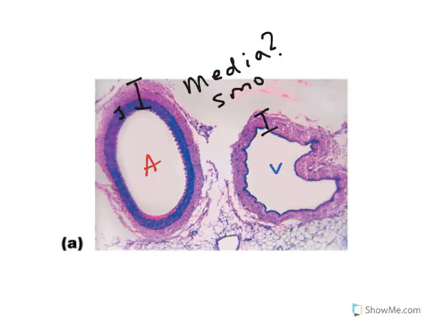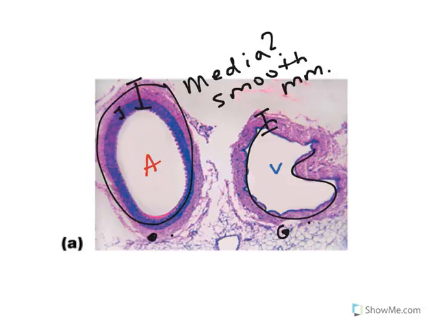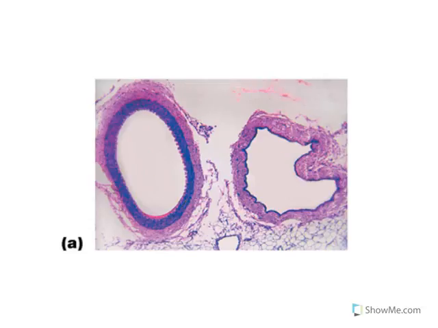Hopefully you're thinking smooth muscle. So comparing an artery and a vein of similar size, the muscle layer in the artery is thicker than in the vein. Maybe you also notice that the shape is different. Arteries typically have a rounder shape, whereas veins are more flattened.